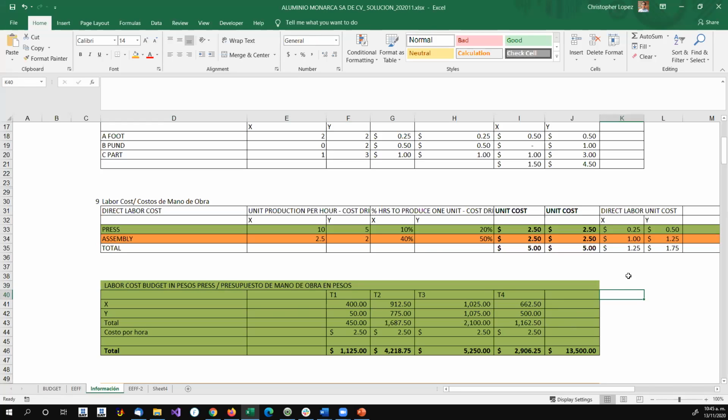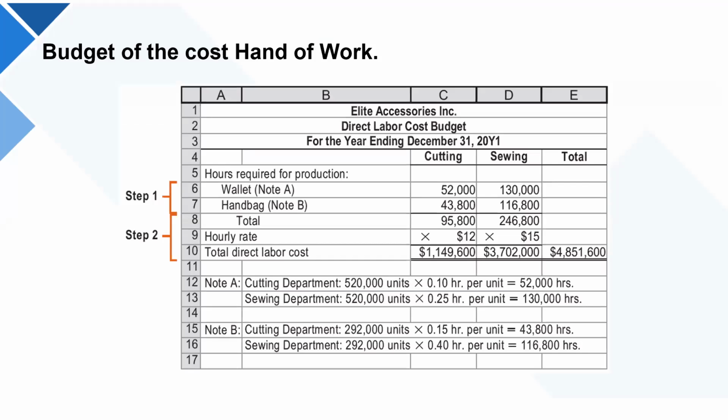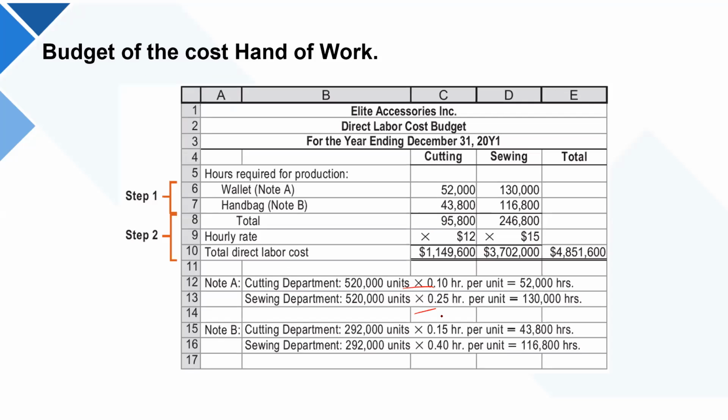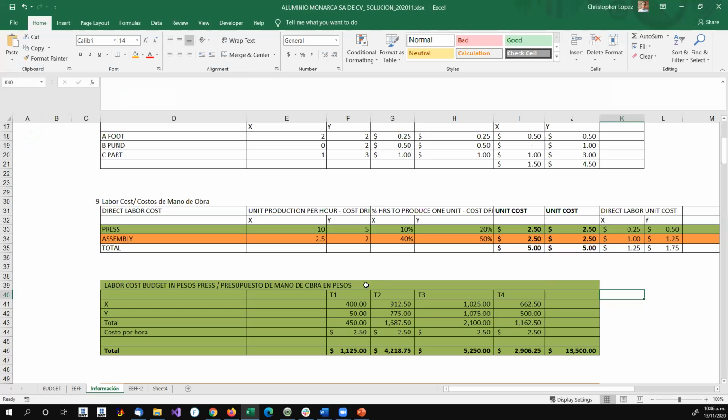The first step that we saw in the PowerPoint presentation is that you need to turn your units of production budget into hours. Here is our production, and we turn it into hours by multiplying it by the usage of hours per product. So let's see the example inside the workbook.